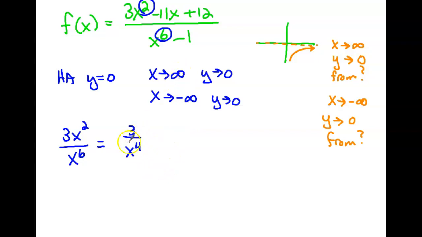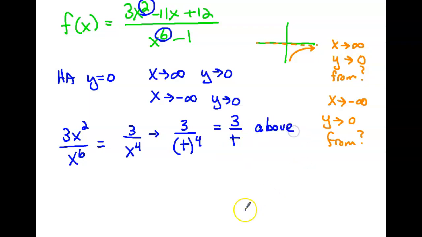If you plug in large positive numbers, and you take them to the 4th power, it doesn't matter what the number is. We just know that a positive over a positive to the 4th is a number over a positive number. So this means that it approaches 0 from above, from the positive side.